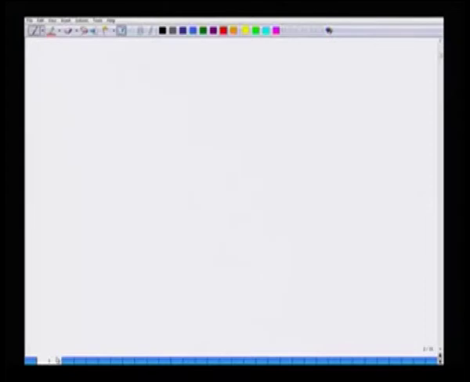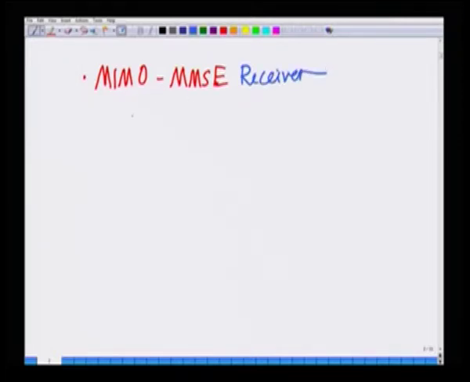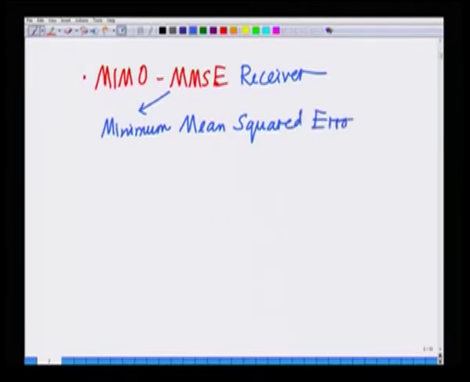Hence, we also proposed another MIMO receiver architecture, that is the MIMO LMMSE receiver. I will simply call this the MIMO MMSE receiver, where MMSE stands for minimum mean square error.